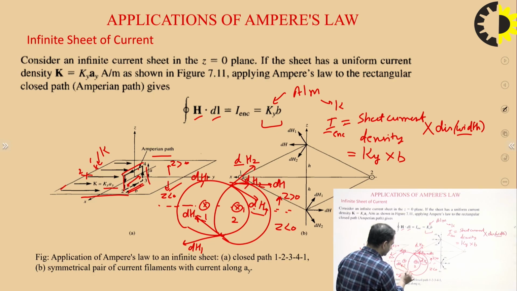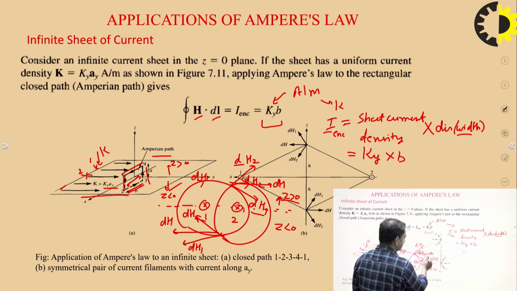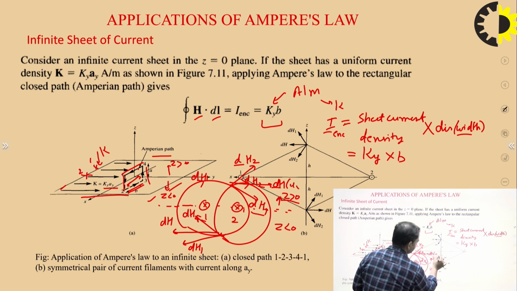The resultant of dH1 and dH2 will be this one, which is again dH. By this you can see that for Z greater than 0, what will be the direction of dH? If you look at this case, then the dH1 direction will be towards Ax.